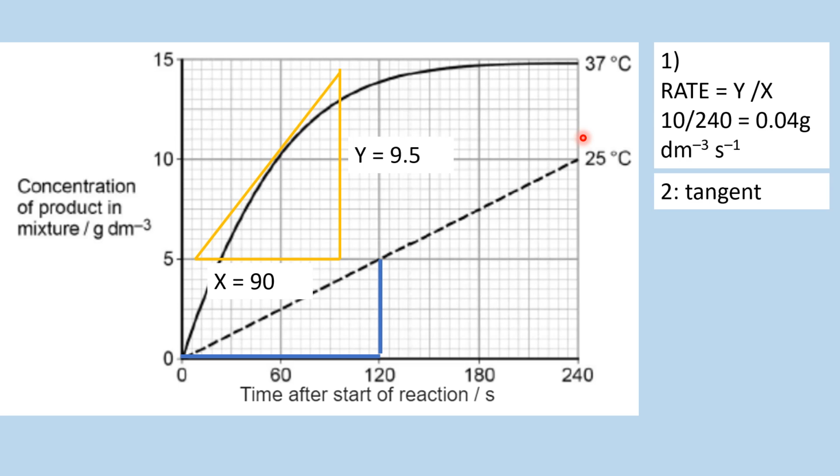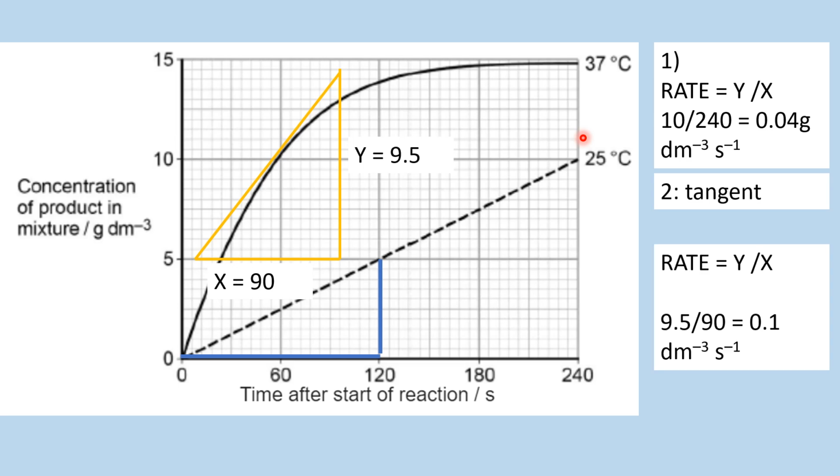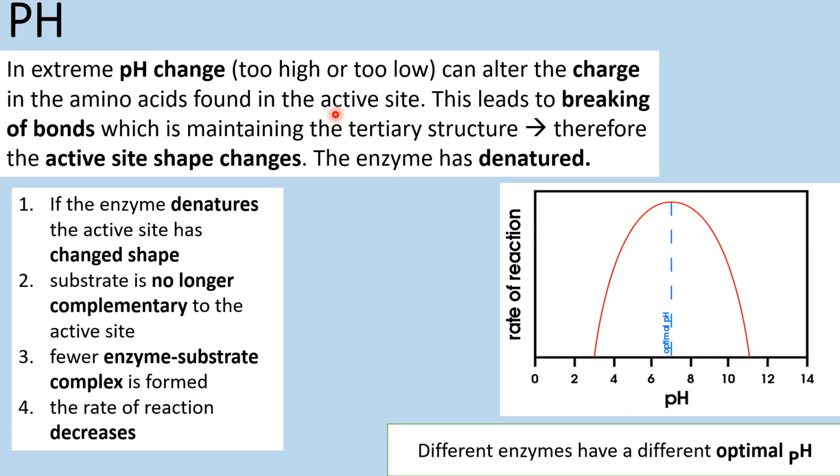My y is 9.5, my x is 90, so my rate of reaction is 9.5 divided by 90, which is 0.1 decimeter cube per second. As you can see, the rate of reaction in a curved graph always changes, so therefore you have to draw the tangent.